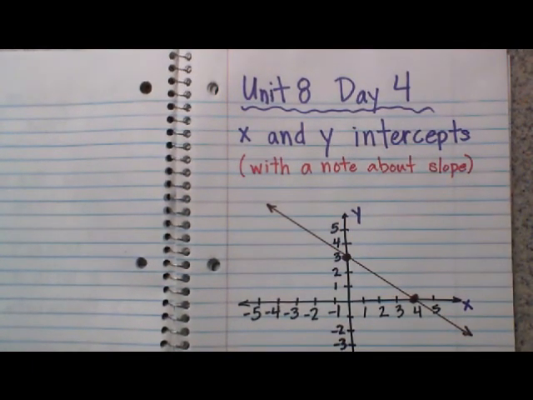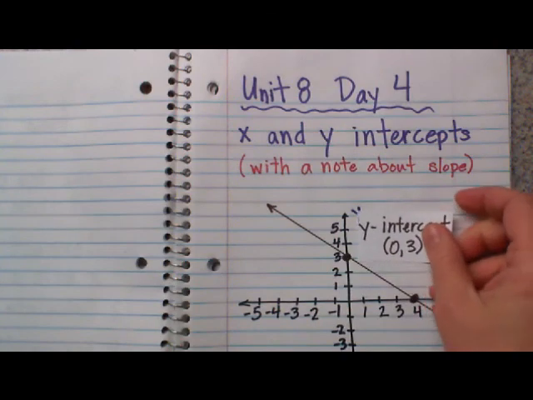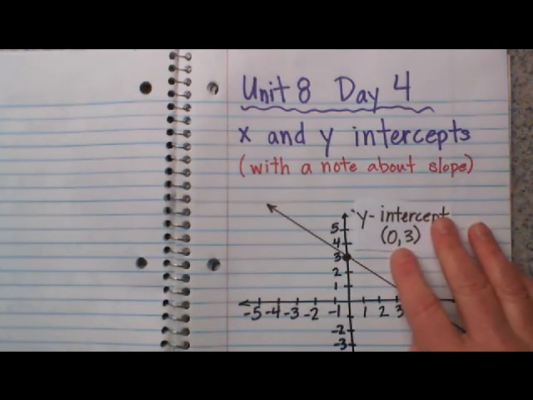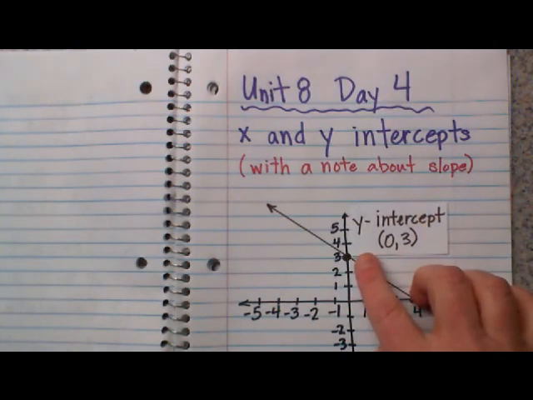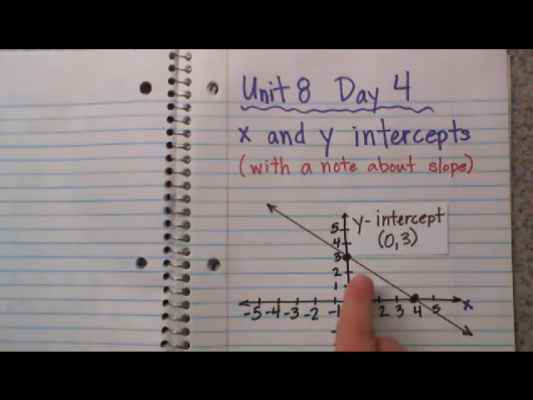When we discuss the x and y intercepts, we give the ordered pairs of them. So, for the y-intercept, the ordered pair is 0, 3. What does that mean? By definition of y-intercept, when this line crosses the y-axis, it's at x equals 0, right? Let's put a 0 right there.